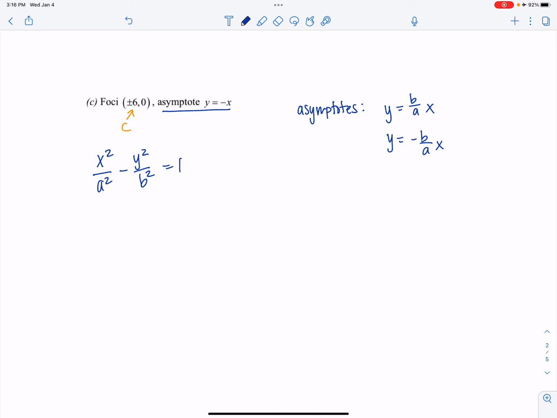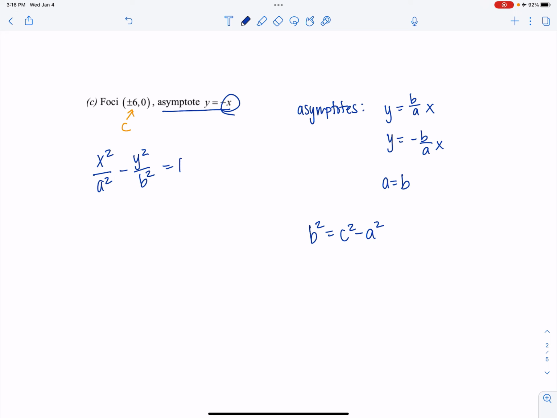And why is this important? Well, if y equals -x, that means that a and b must equal each other in order for it to be just 1x. So if a and b equal each other, and I know c already, I can use that in b squared equals c squared minus a squared.